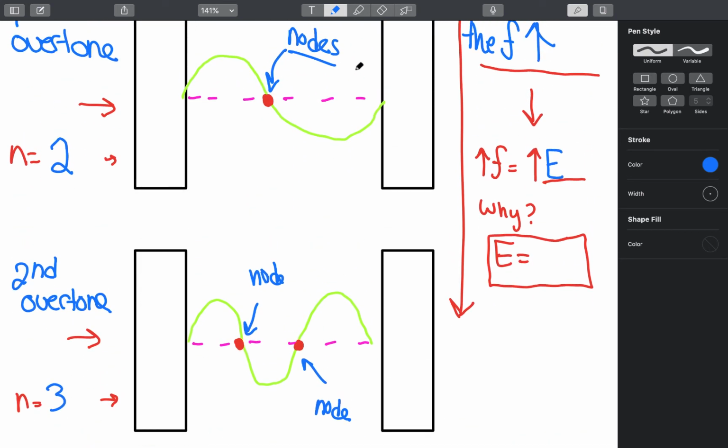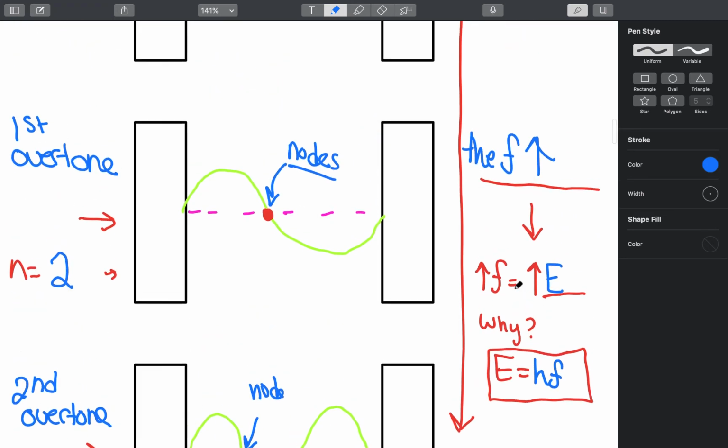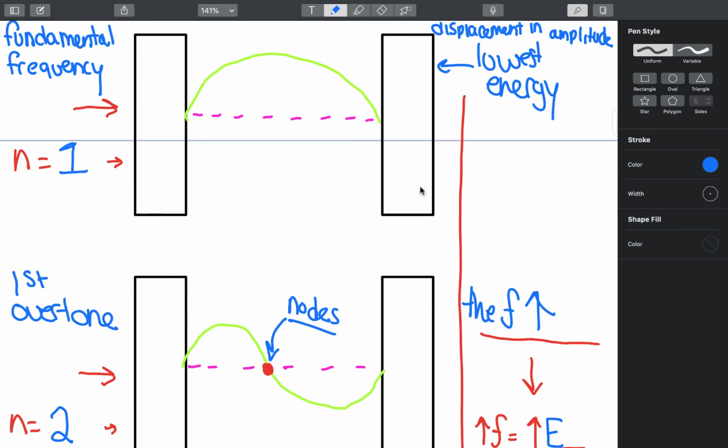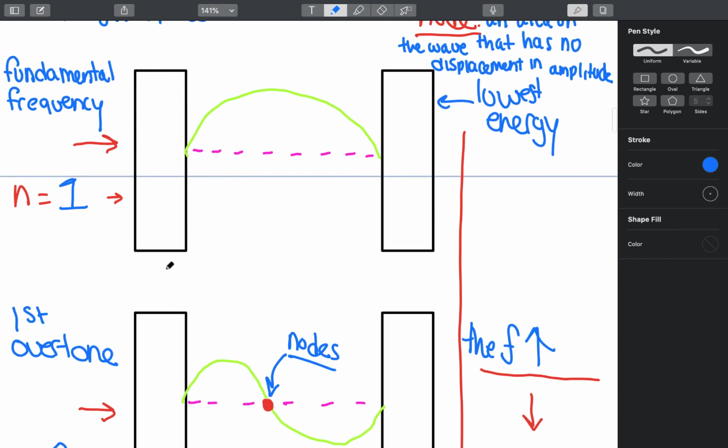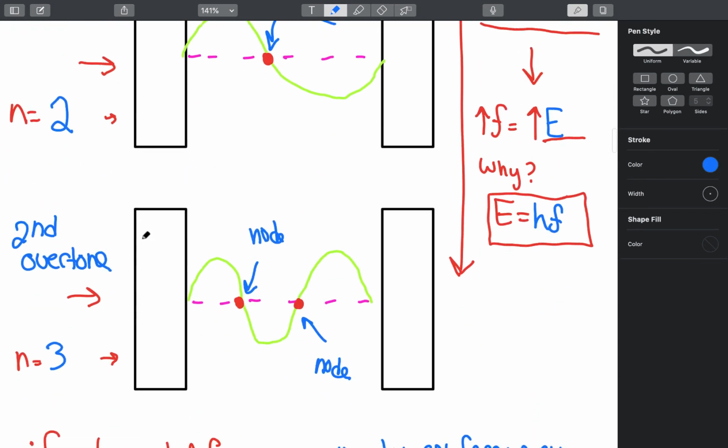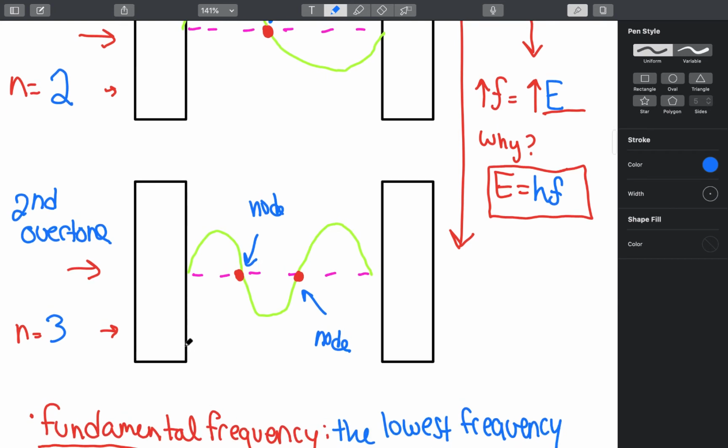This should make sense to you, because in one of the last videos, we described that the energy of a wave is directly associated with its frequency. Planck showed this through his quantization of energy, which states that E is equal to Planck's constant times f. So as the frequency increases, the energy also increases. And we can see this here: as the frequency increases from the fundamental frequency down, so does the energy of the wave.